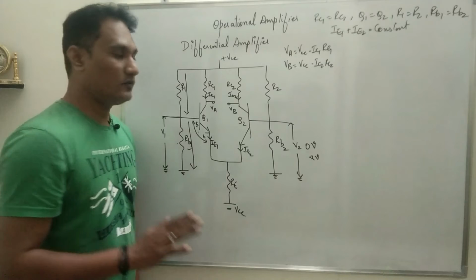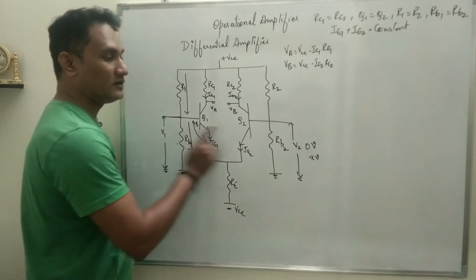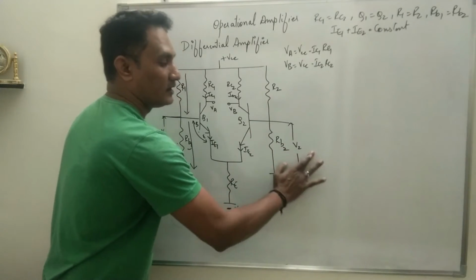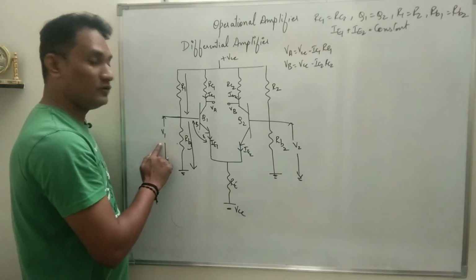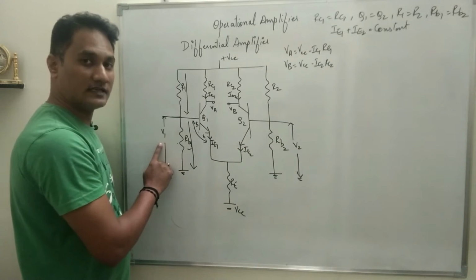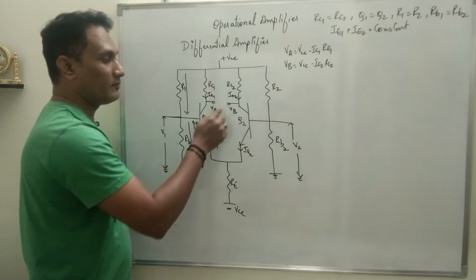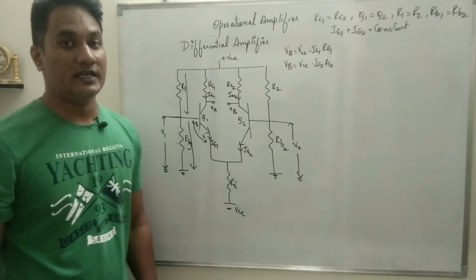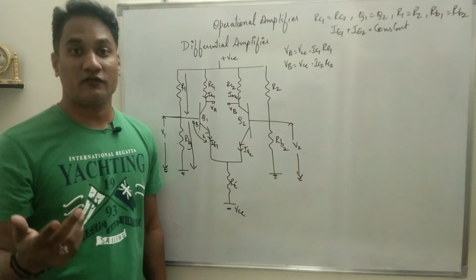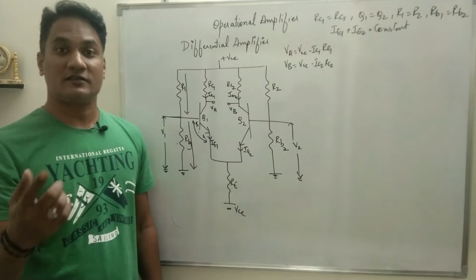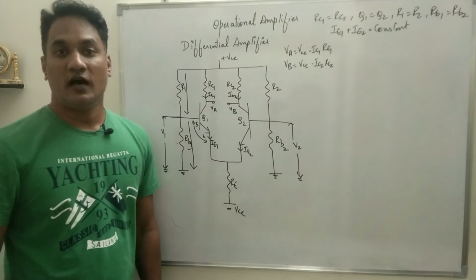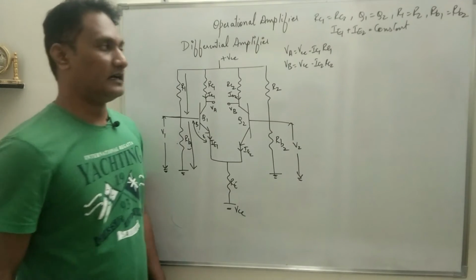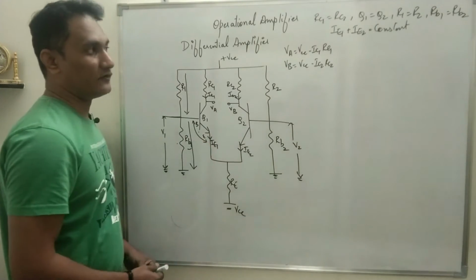First we will apply voltage at V1, so V2 at that time should be connected to ground, and if you apply at V2 then we have to connect V1 as ground, and we have to see what type of output we get at VA and VB. So the advantage of differential amplifier is that instead of one input and one output, you now have two inputs and two outputs. So that is one more advantage of a differential amplifier.